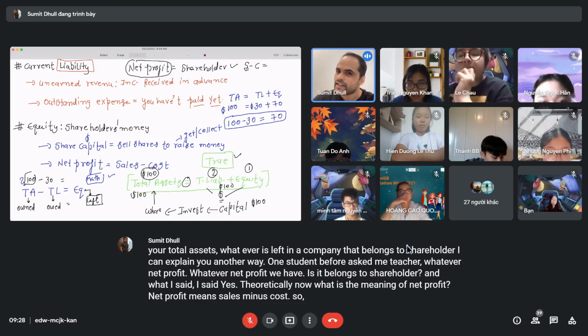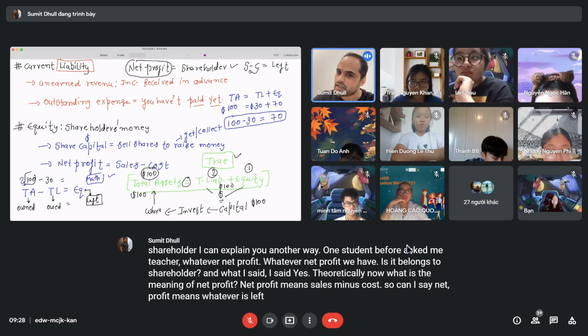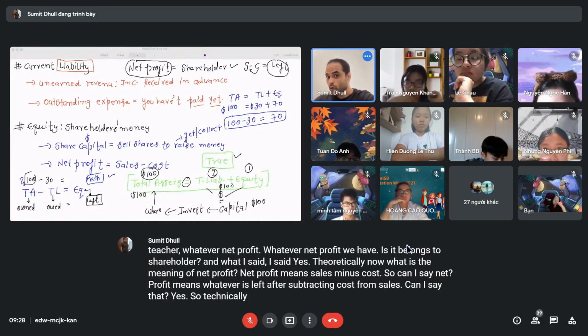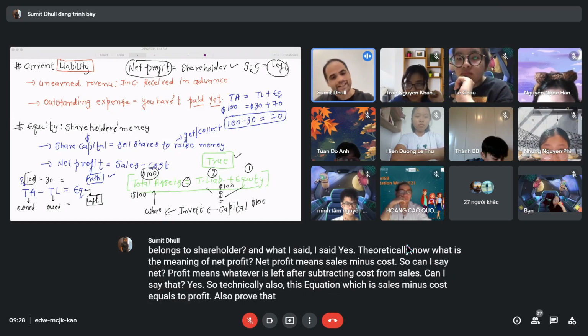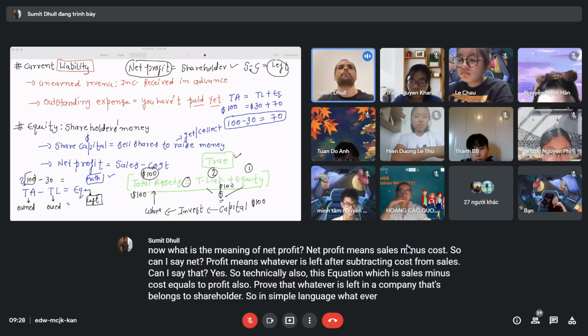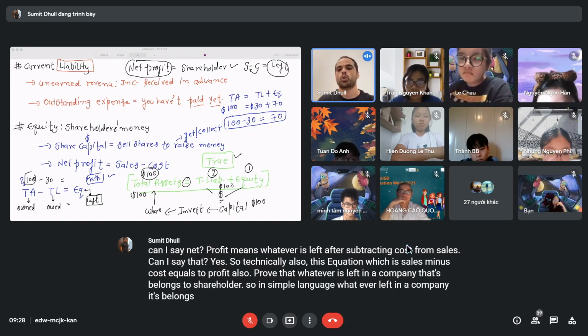So can I say net profit means whatever is left after subtracting cost from sales? Can I say that? Yes. So technically, this equation, which is sales minus cost equals profit, also proves that whatever is left in a company belongs to the shareholder. So in simple language, whatever is left in a company belongs to the shareholder.